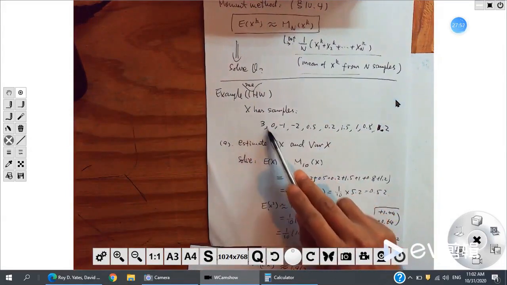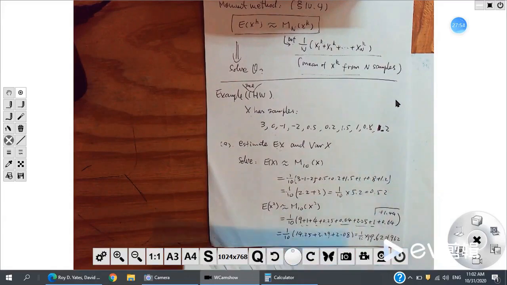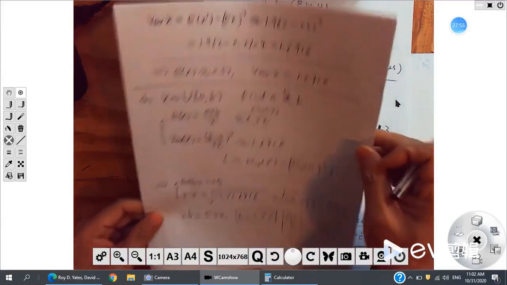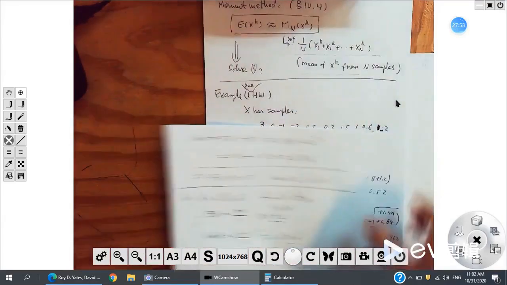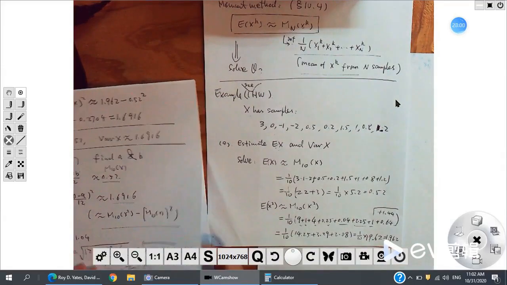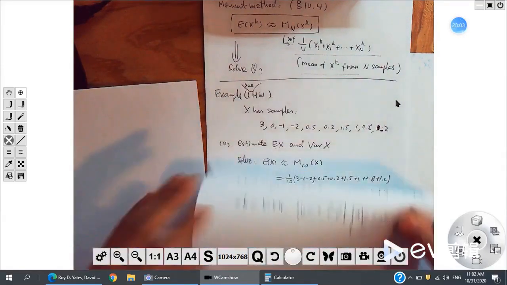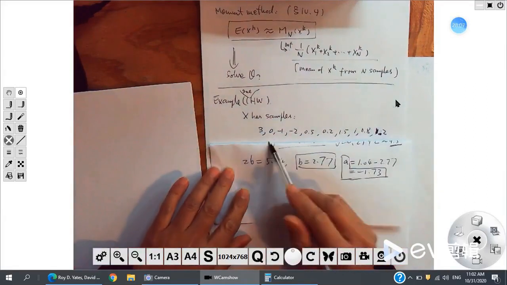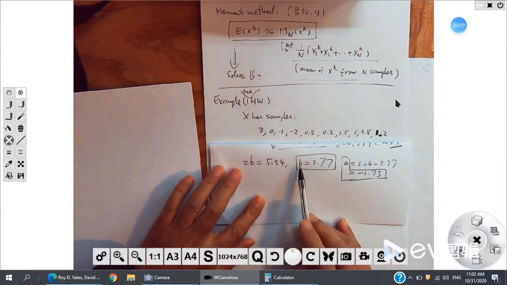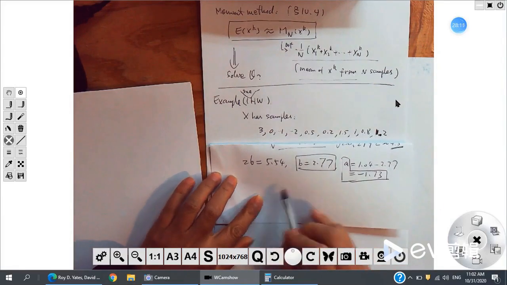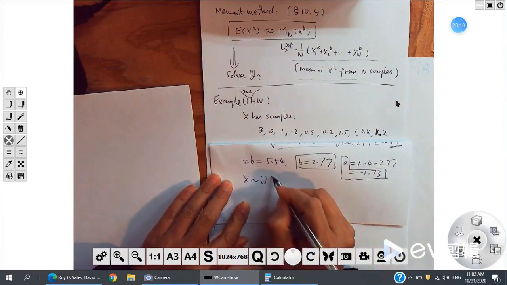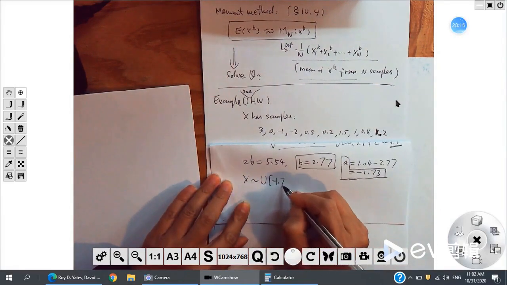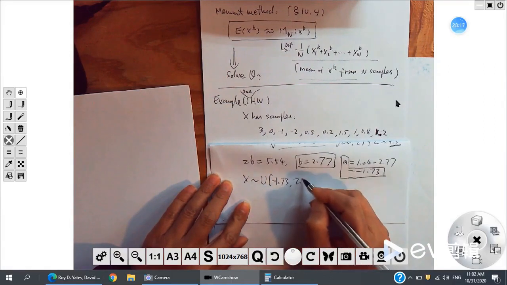Problem X obeys this one, with uniform distribution, and now we have these values. Put them together. So they are observed data, and we estimate it is a uniform distribution from negative 1.73 to 2.77.